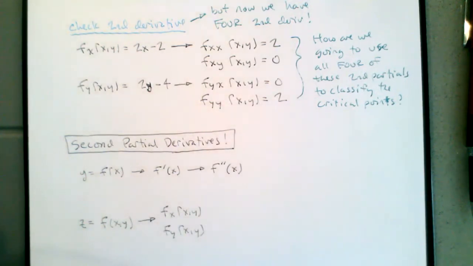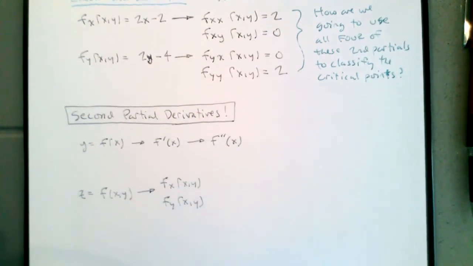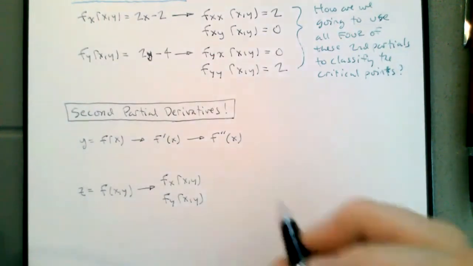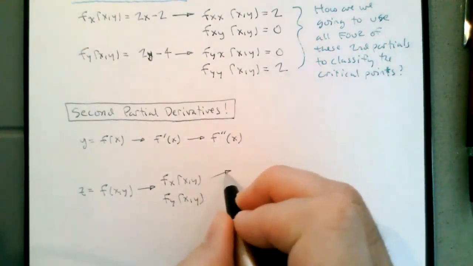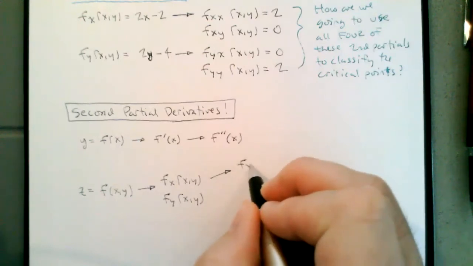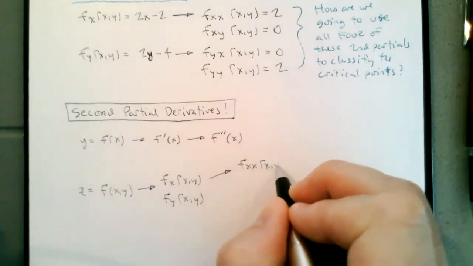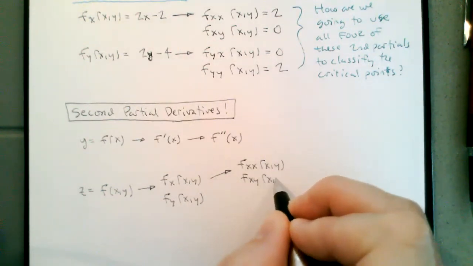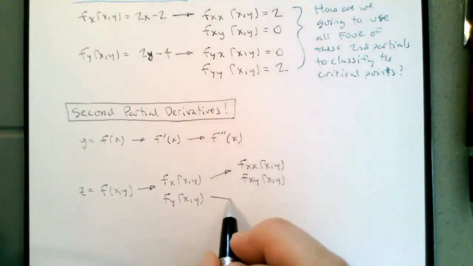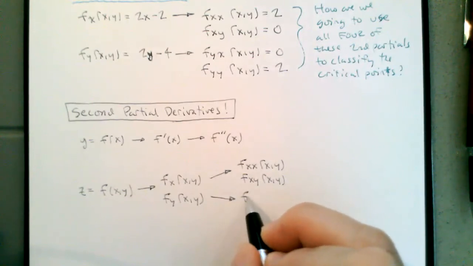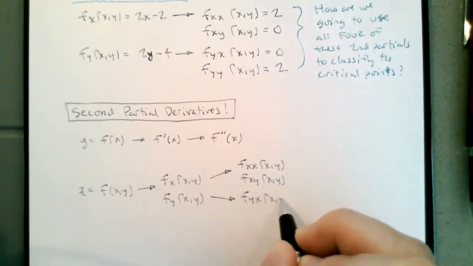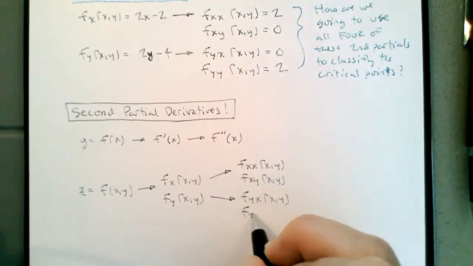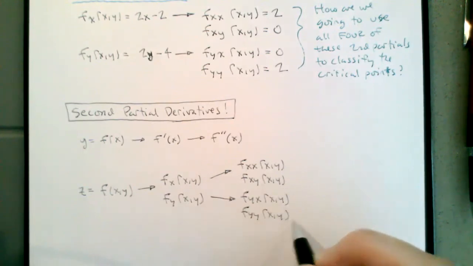And each of these derivatives has 2 partial derivatives: fxx at x,y and fxy at x,y, fyx at x,y and fyy at x,y.